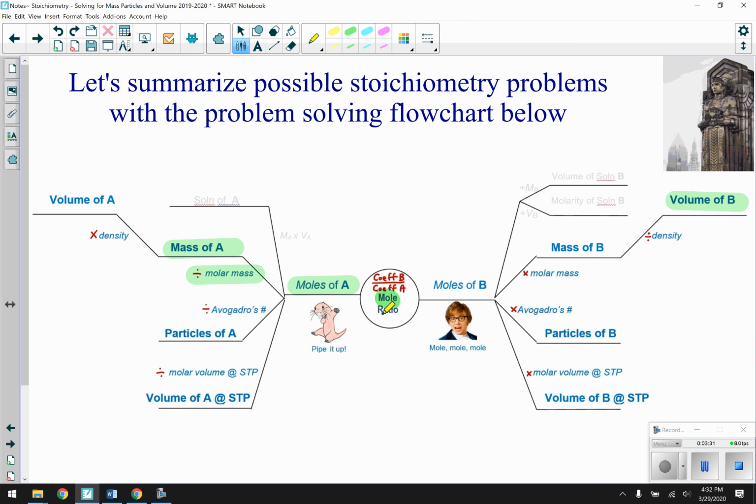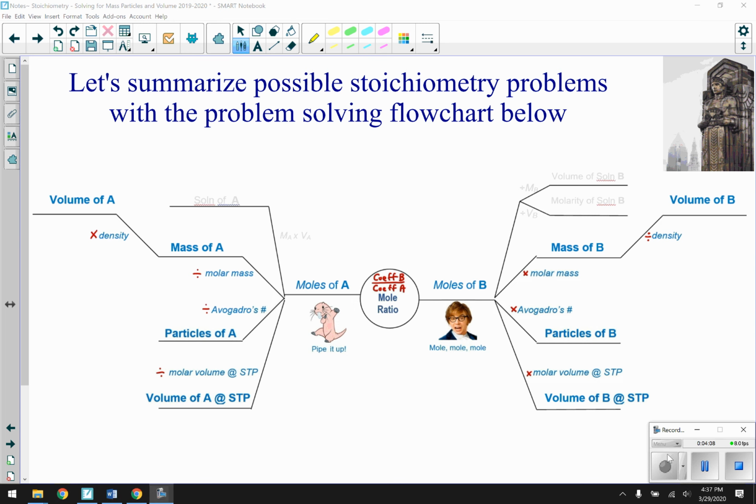Once you have moles of A, the magic mole ratio gets you moles of B. And remember, the way you solve a volume using density problem is you find the mass of B and divide by the density. So from moles of B, you get to mass of B by multiplying by the molar mass. Then for that last step, volume of B, you divide by the density, and mass divided by density is volume. So that was the summary of problem number 4, mass of A to volume of B.